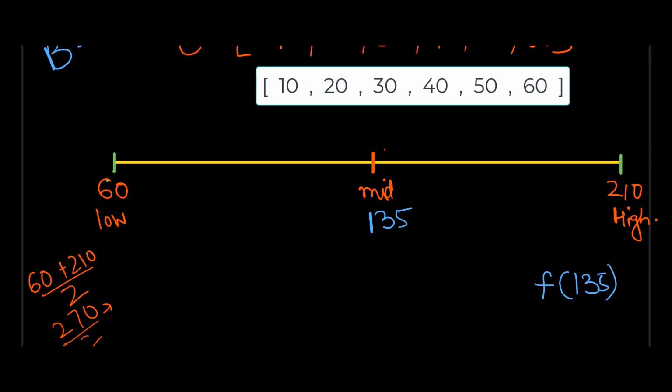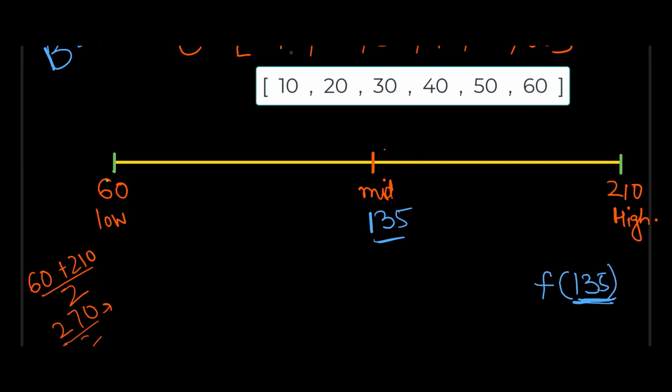B is 1 here. So if I check F of 135, I will keep assigning parts of the board till the time taken is less than or equal to 135. And when I run out of this 135, that is, my value exceeds 135, I'll assign that part of the board to another painter.